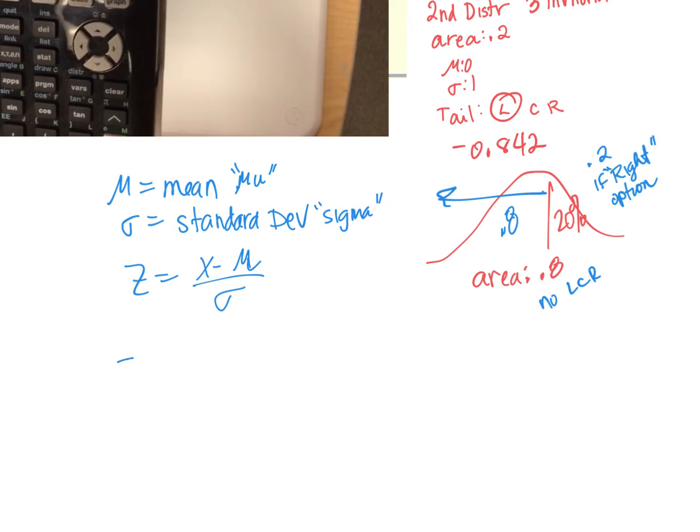So my z-score is negative 0.8416. The more decimal places we use, the more accurate our answer is. I always like 4 decimal places when I'm talking about the z-score and I'm working backwards. So that is equal to x minus the mean of 24 divided by the standard deviation of 6.